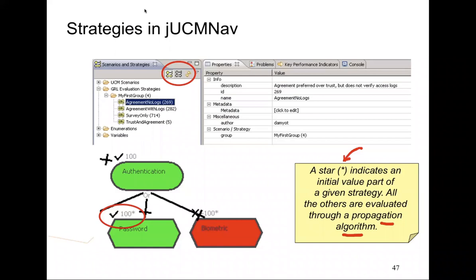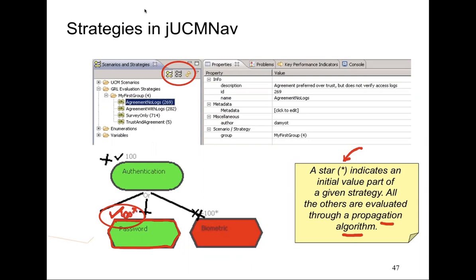As you can see in this example, we have a star. Assume now you build your goal model and we have a task called password. The level of satisfaction is a check mark. This check mark is a symbol for a high level of satisfaction, or fully satisfied. If we quantify this, it will be 100.